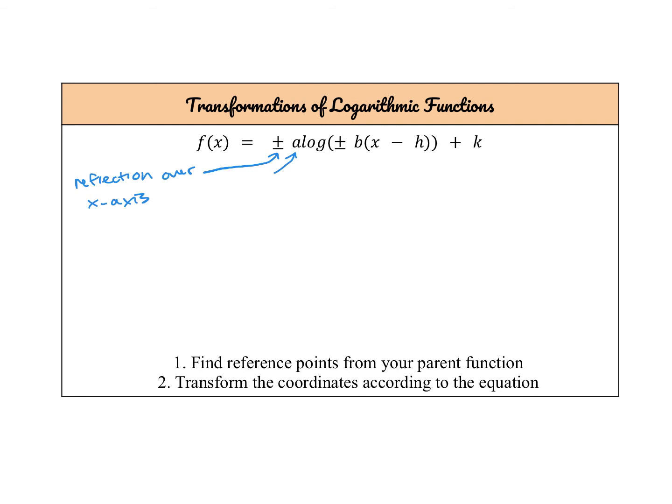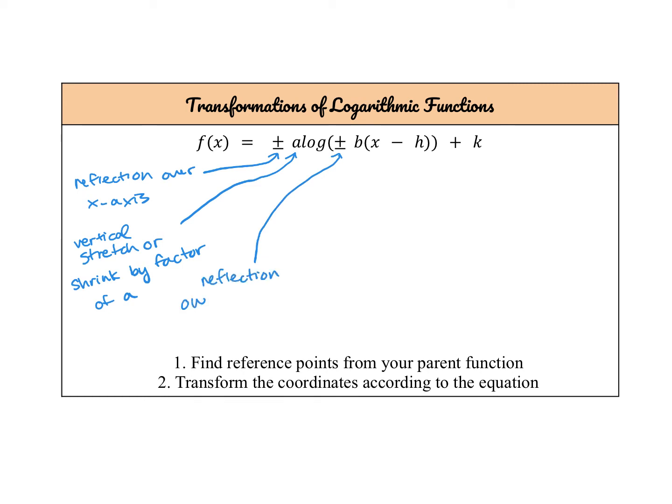If there's a value being multiplied to the front, we would call this a vertical stretch or shrink, by a factor of whatever that number is, so by a factor of a. Now, if you have a negative on the inside, this would cause a horizontal reflection, which is over the y-axis.